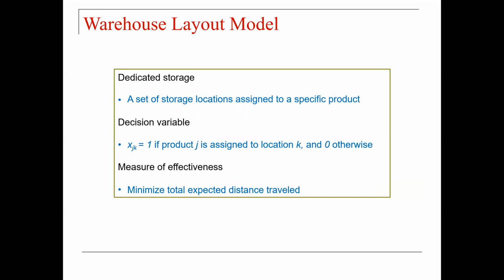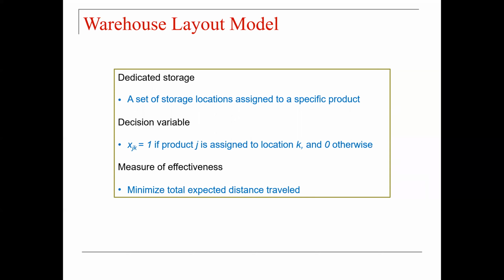The decision variable of this model is xjk, and it's a binary variable that assumes values of 0 or 1: 1 if product j is assigned to location k. Let's say product 1 is assigned to location 15. If that's the case, then x1,15 is going to be equal to 1. If that's not the case, then that decision variable is going to be equal to 0.